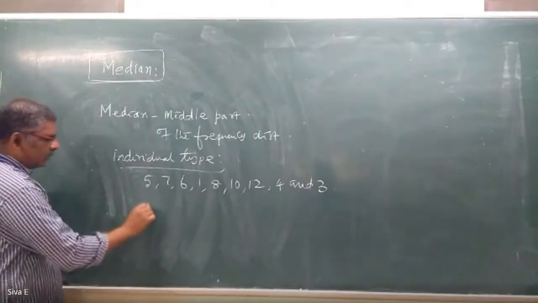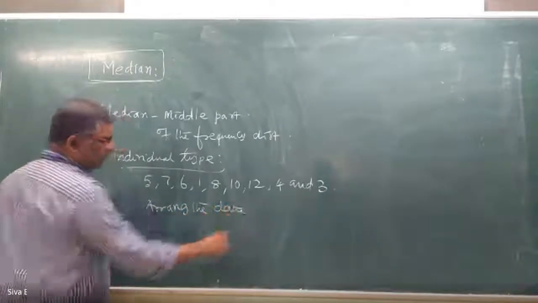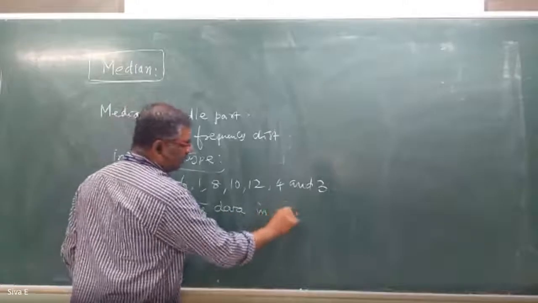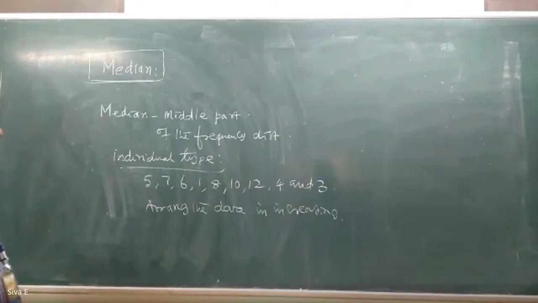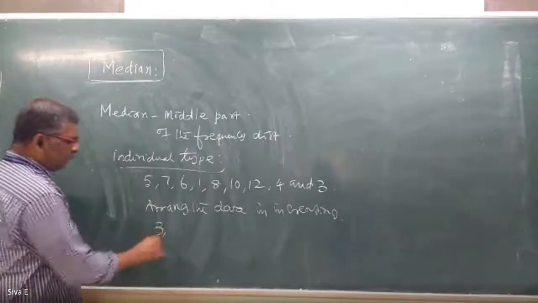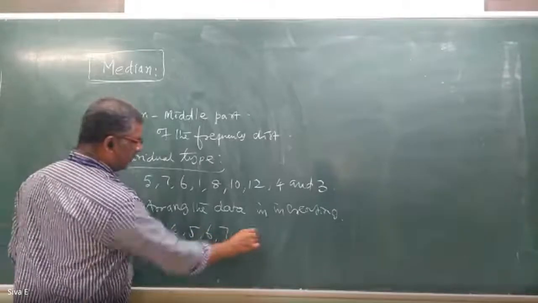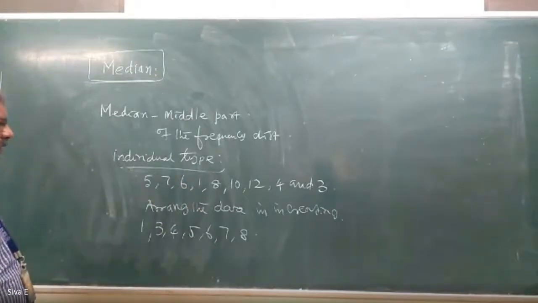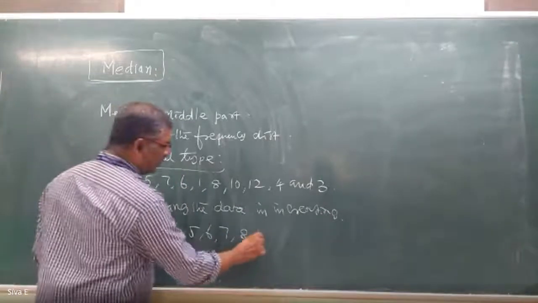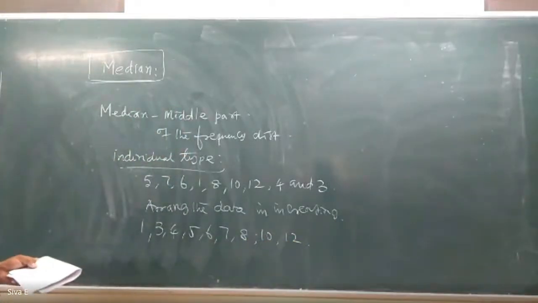First step, you have to arrange the data in increasing order. What is the lowest one? 1, 3, 4, 5, 6, 7, 8, 10, 12.